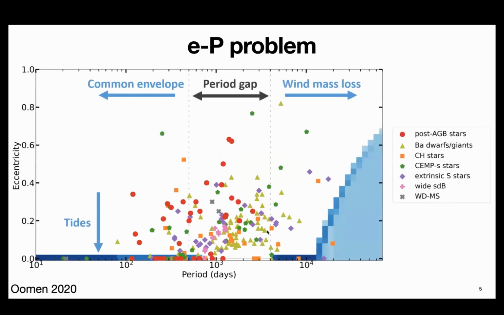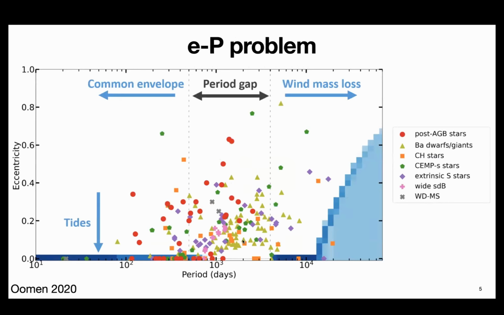So here I'm showing once again period versus eccentricity. Red data markers are once again our post-AGB sample, and the blue here shows what binary population synthesis predicts.